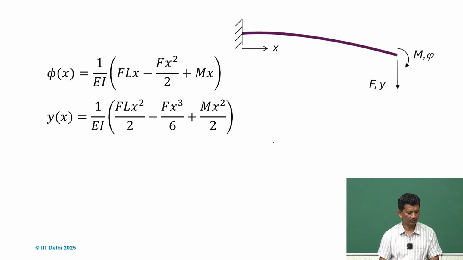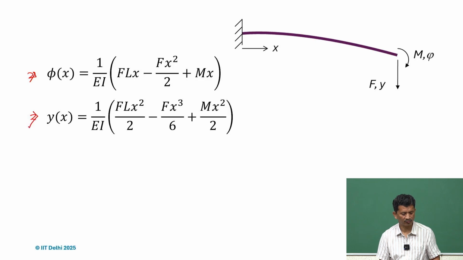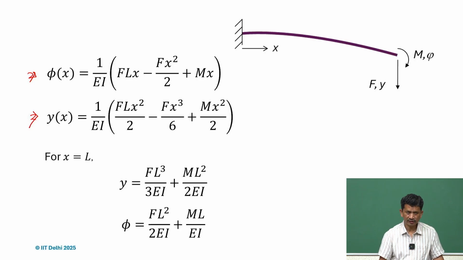So if we write in terms of x, the angular deflection and the y displacement with respect to x, this is the formulation we get. What we are interested in is what will happen at the tip, at x equal to L. So if we substitute, we get y.